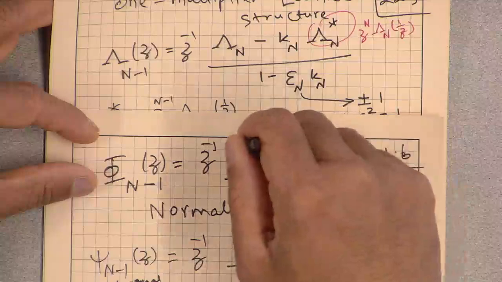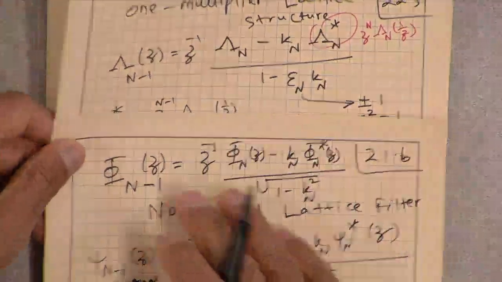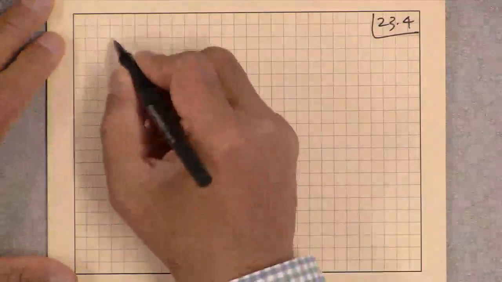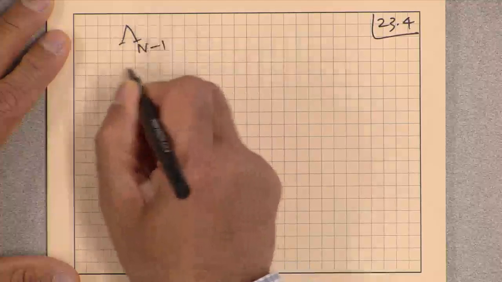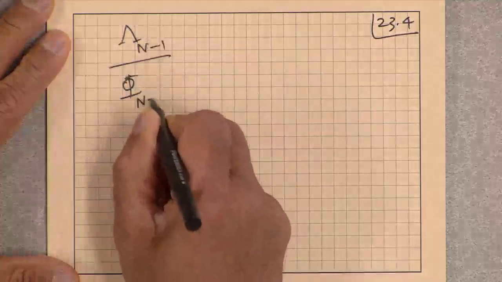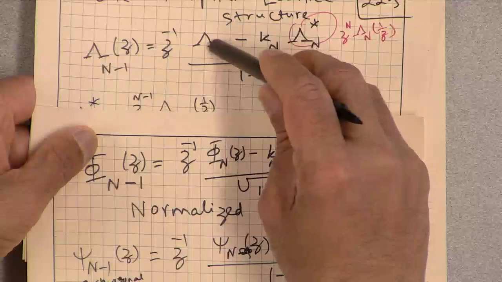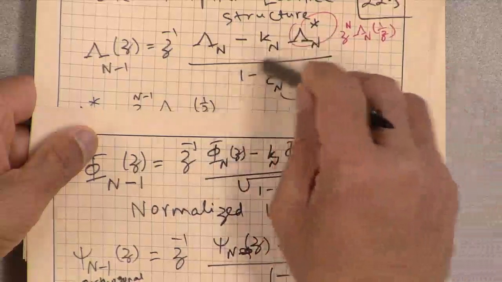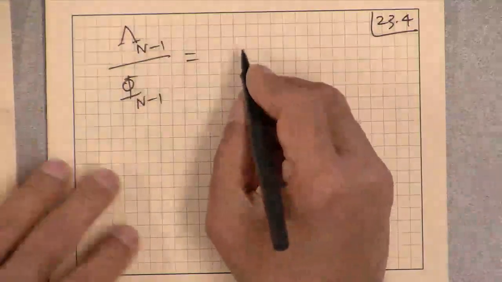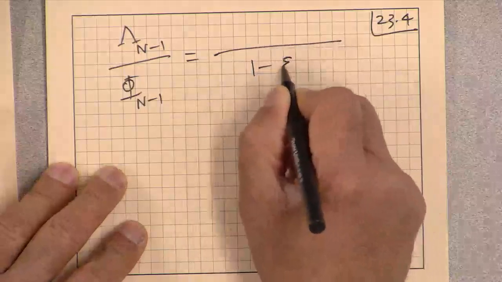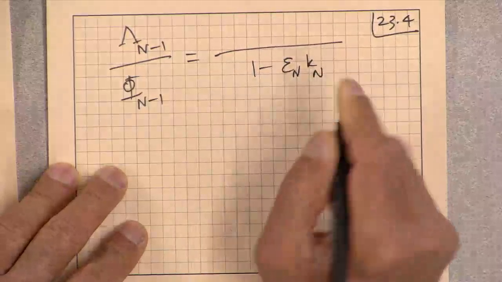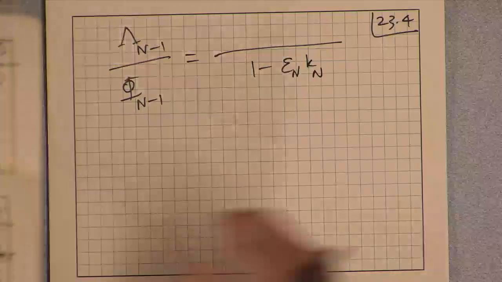Okay, so let's begin with lambda n minus 1 by phi n minus 1. The z to power minus 1 cancels out, the numerator cancels out, and 1 minus epsilon n kn is in the denominator.